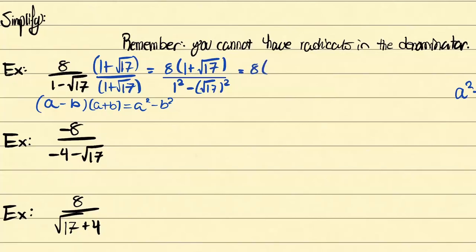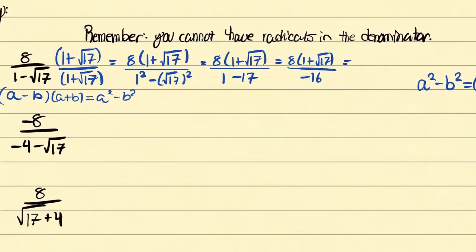That's 8 times 1 plus root 17 over 1 minus 17. That's 8 times 1 plus root 17 over negative 16. So that's 1 plus root 17 over negative 2 when I cancel the 8 and the 16 with a factor of 8. And this pattern is what will happen with a lot of these questions.